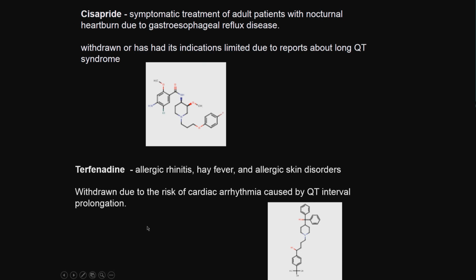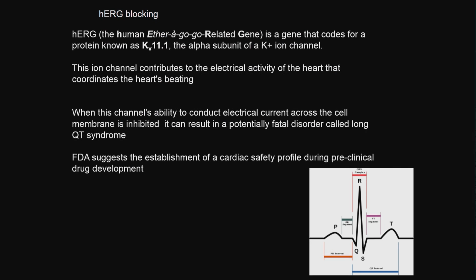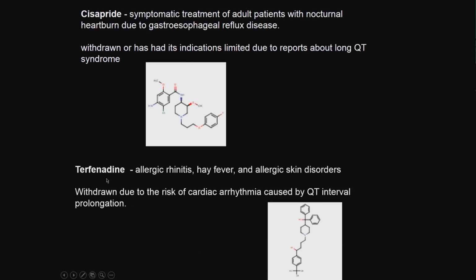Again, it's because of long QT interval. So these drugs directly affect cardiac functions, and so they were withdrawn. You need to understand whether the potassium ion channel gets affected because of blocking of this HERG gene, which in turn affects the cardiac rhythm, especially the QT portion of the ECG.